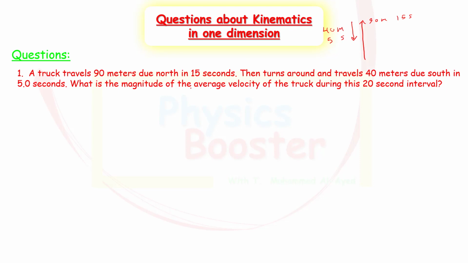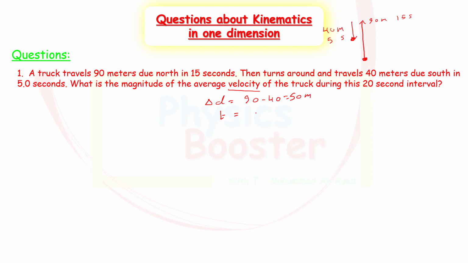It's asking to find the average velocity. So we know that the velocity is equal to displacement over time. Displacement is the final position minus the initial position. So this is our final position right here, and this is our initial position. We can say that the displacement is simply equal to 90 minus 40, which is equal to 50 meters. But what about the time?